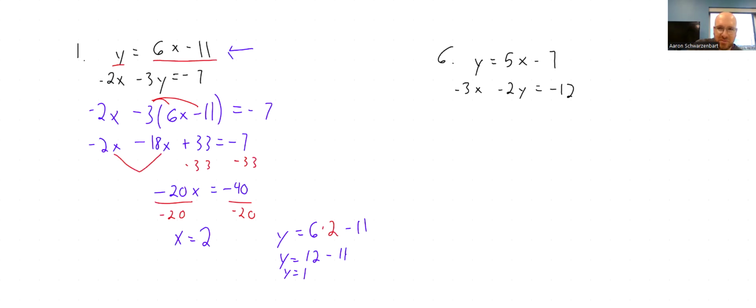My next example will be number 6. Go down to number 6 and do this one with me. So again, y is equal to 5x minus 7. So I substitute that in for the y. And it's always important to use parentheses when you substitute in.